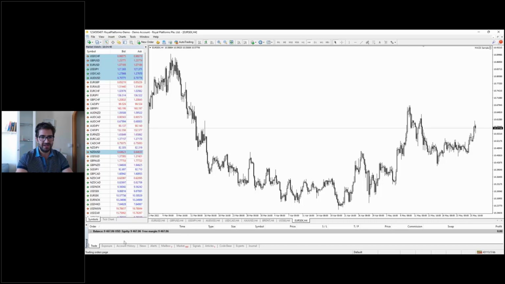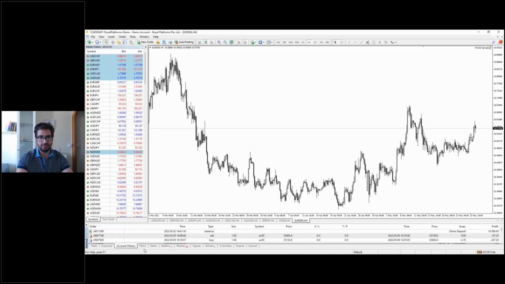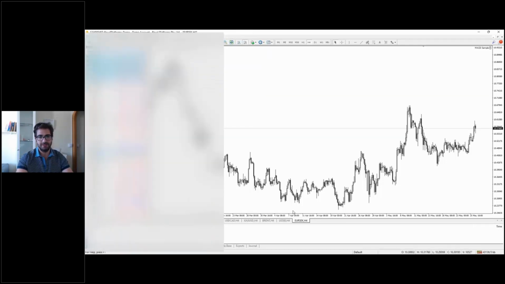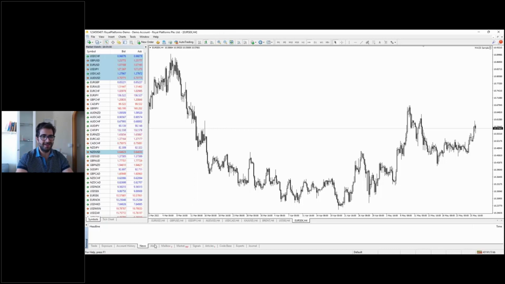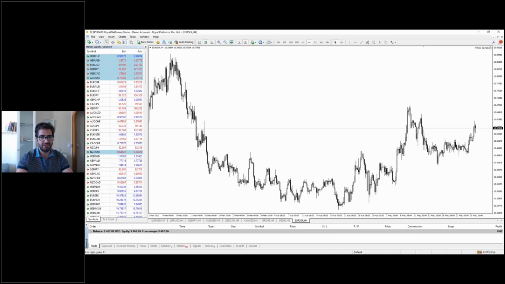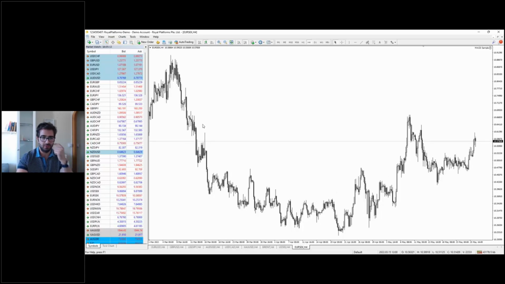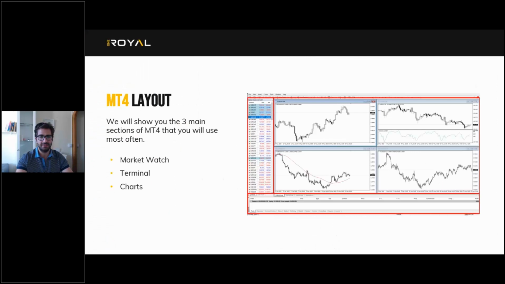This part you will use to see your current trades, your balance, account history, news if you would like, and many other things. Mainly you will use it for this section here, which is trade. In case you don't want it in front of you, you can press Ctrl T again, and then it will disappear.